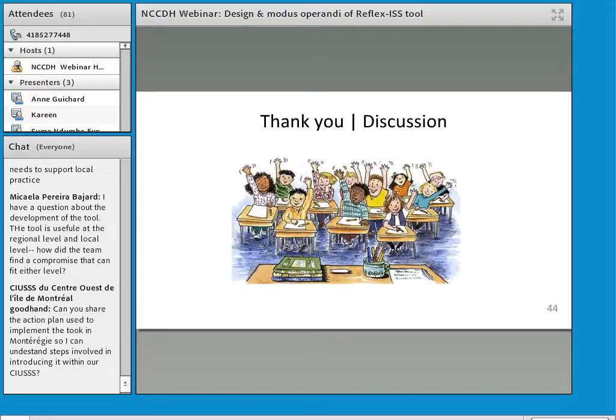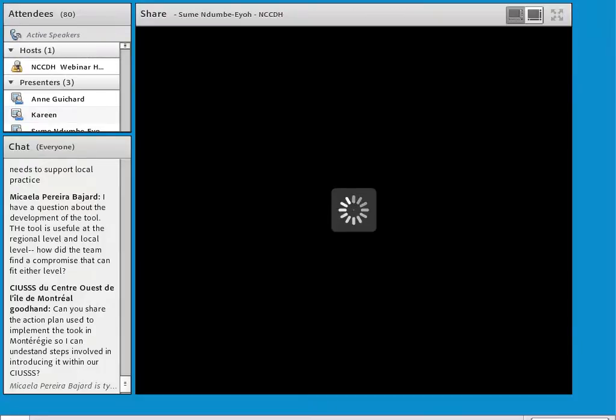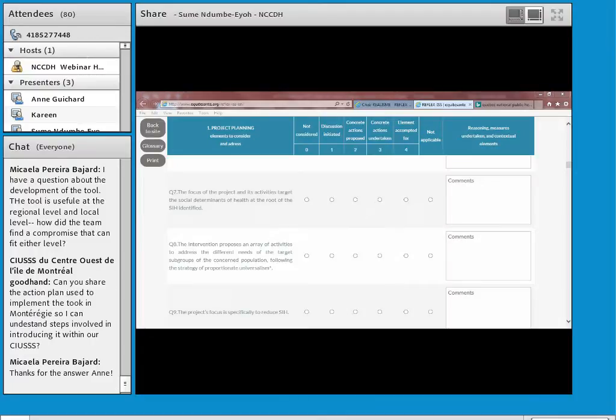So what happened is that, for example, the regional level just uses the section for the planification of an action, and the frontline practitioner uses the other section. It depends on the progress of the action. You use the section related to the project development. You can choose what you need to address. Great. Thank you for that clarification.